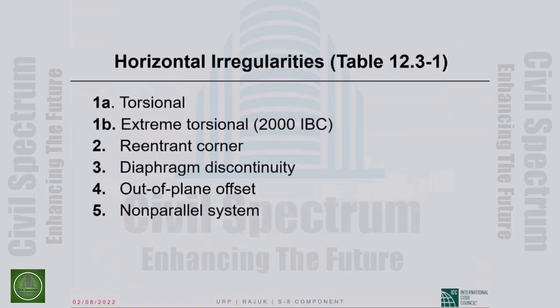So you have seen this list yesterday: horizontal irregularities, torsional, extreme torsional, which was introduced in the 2000 IBC, that was not in the 1988 UBC. Re-entrant corner, diaphragm discontinuity, out-of-plane offset, non-parallel system.